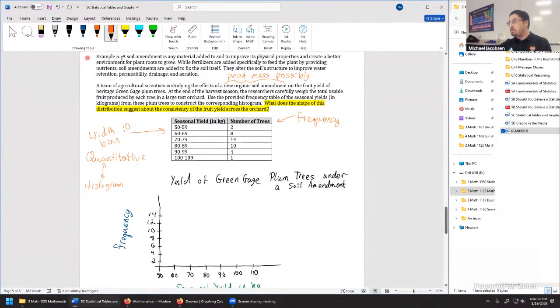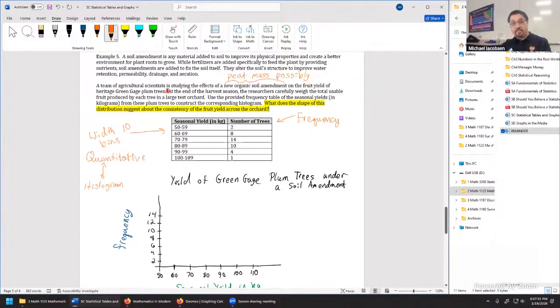The context here is we're discussing soil amendments, not quite fertilizers, but other materials that can be added into the soil to give some positive effects on anything that's growing. And what we're growing here is heritage green gauge plum trees, so pretty specific. We're studying the effects of a new soil amendment. They didn't tell us what it was in this context, so we're thinking it could be something like a peat moss.